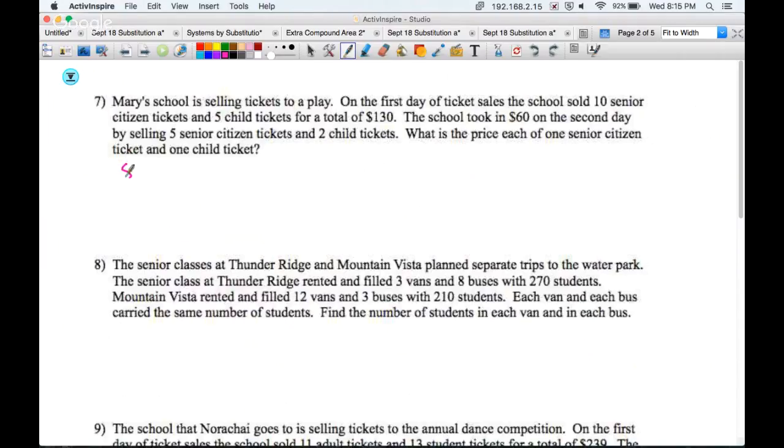So I'm going to use S for the cost of a senior, C for the cost of a child, and then I'm going to take that second sentence there and turn it into an equation. 10 seniors times the cost of a senior plus 5 children times the cost of a child equals 130.